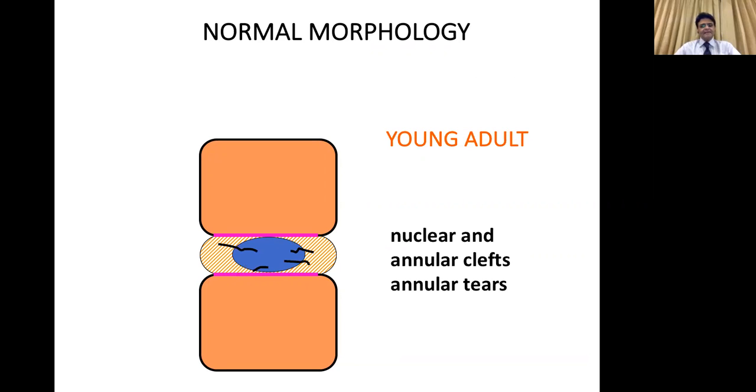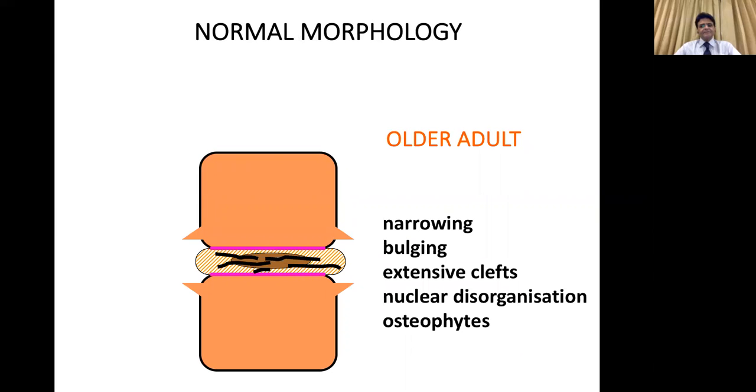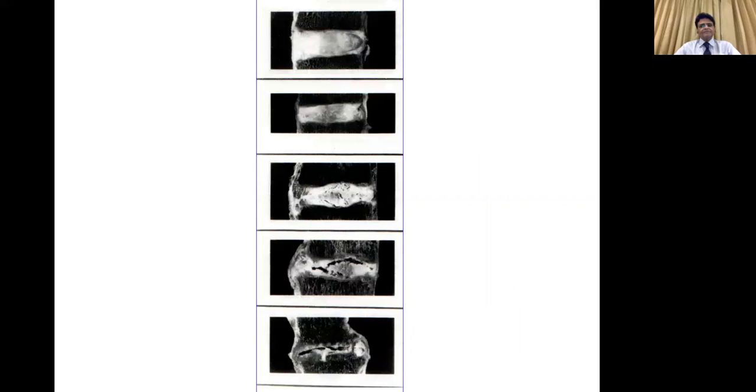As a young adult, these clefts become bigger, wider. Clefts may then become tears. There is a reduction in the disc height secondary to the water content or the proteoglycan moving outward. Extensive clefts form. Nucleus pulposus gets disorganized and there is osteophytosis.